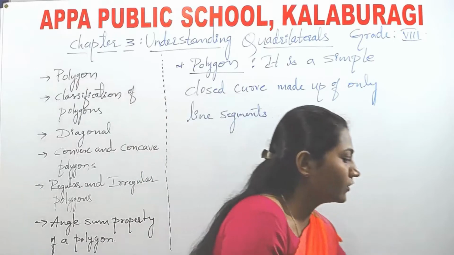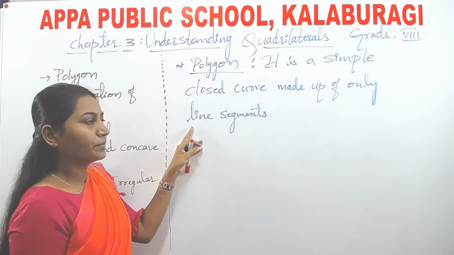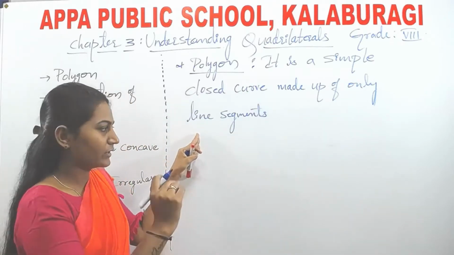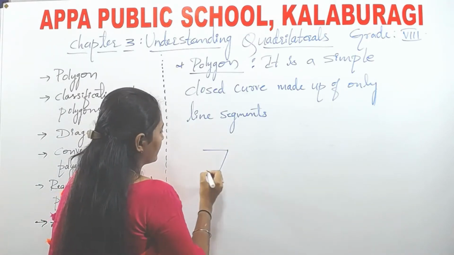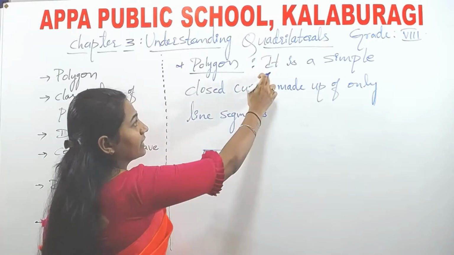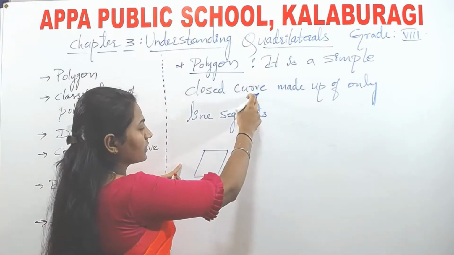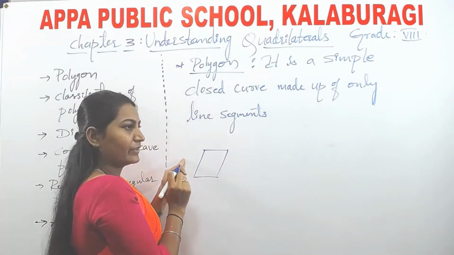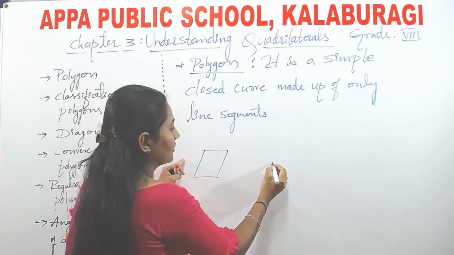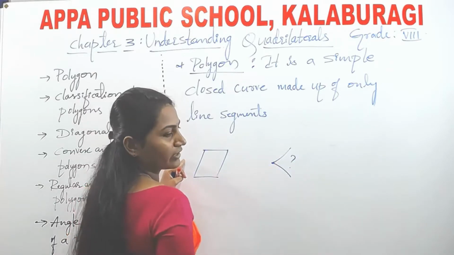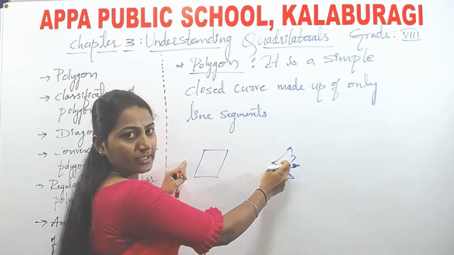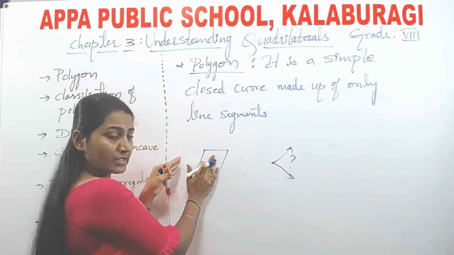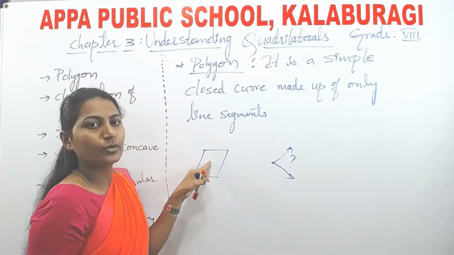So what is a polygon? It is a simple closed curve. It should be a simple closed curve. We'll just draw something. See, it is a simple closed curve. It is not open. Whereas when we drew the angles there, it was an open figure. It also had line segments, but you can see this particular figure is a closed one.